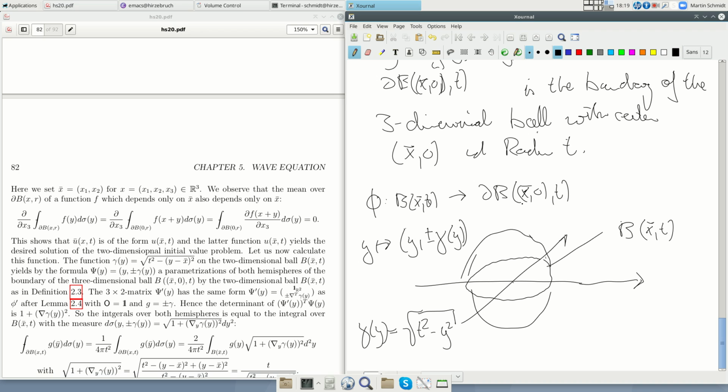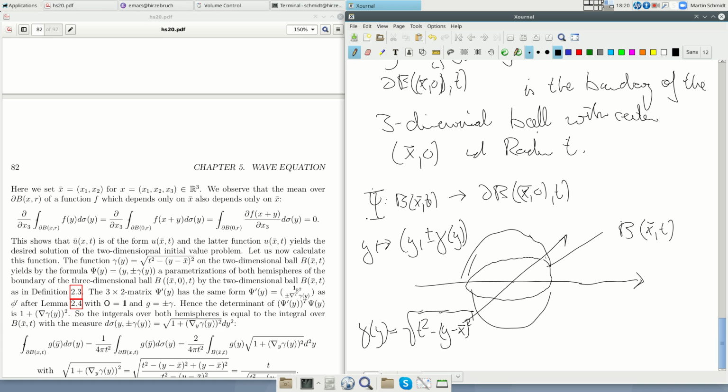Since we want this ball, we define it differently. We subtract x bar, so we take y minus x bar squared. Sorry, we call this psi, not phi.